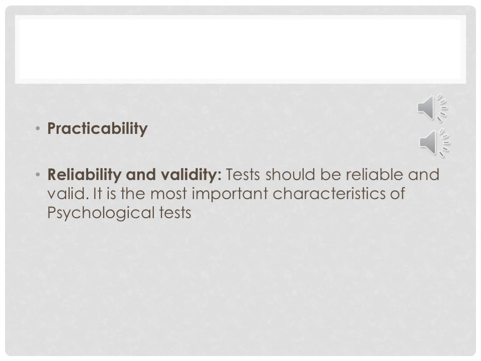However many times we have done the test in a continuous manner, it should give a consistent result. When the test is administered on the same sample more than once with a reasonable gap of time, a reliable test will yield the same scores. It means the test is trustworthy.